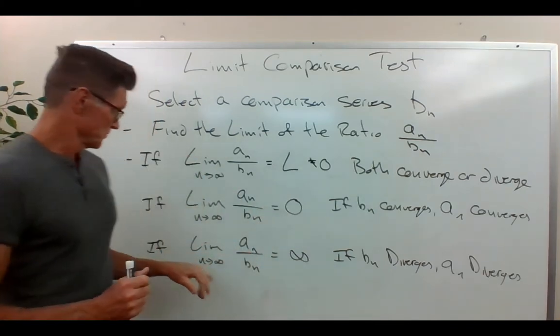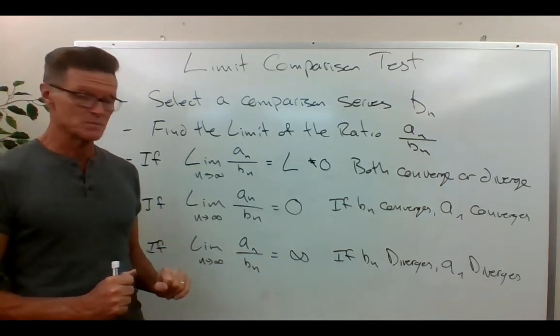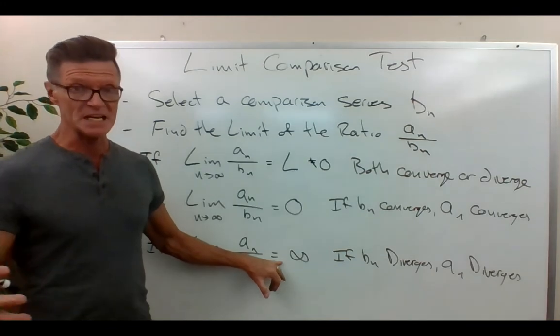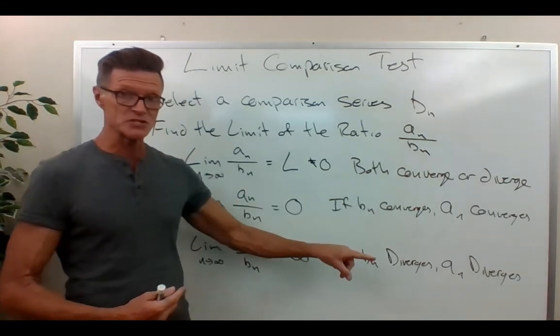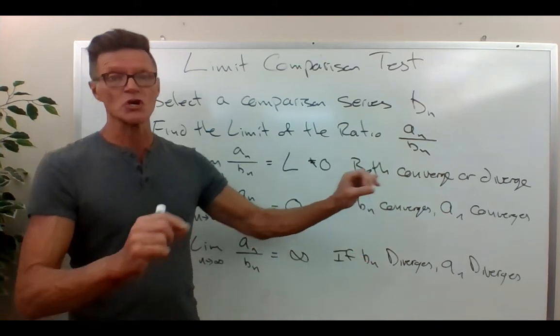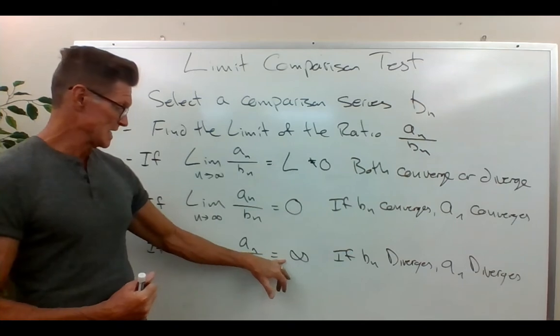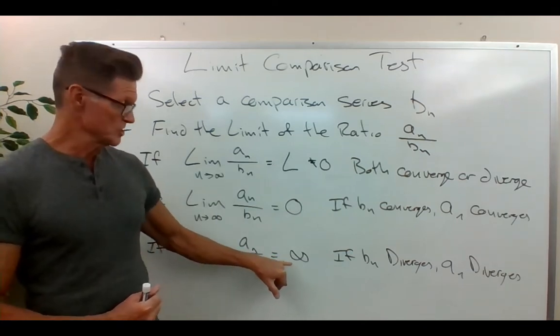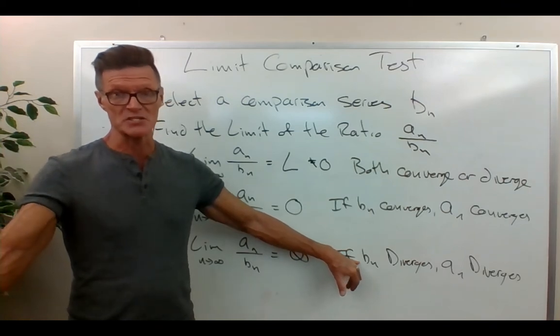Third case, if the limit as n approaches infinity of A sub n divided by B sub n is equal to infinity, and if the comparison series B sub n diverges, then the given series also diverges. Once again, what happens if the limit of my ratio is infinity and B sub n is a converging comparison series?